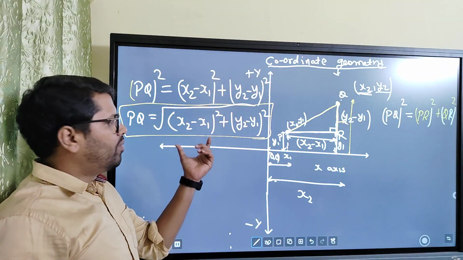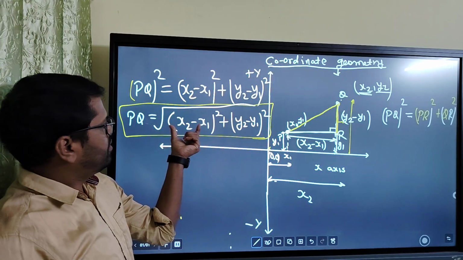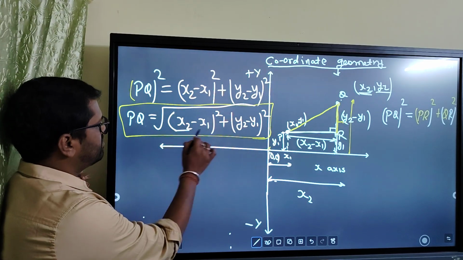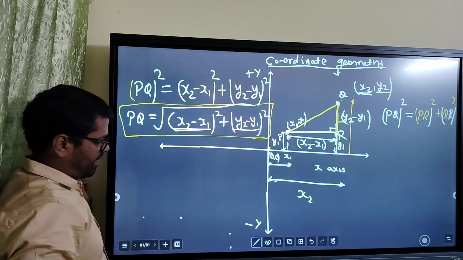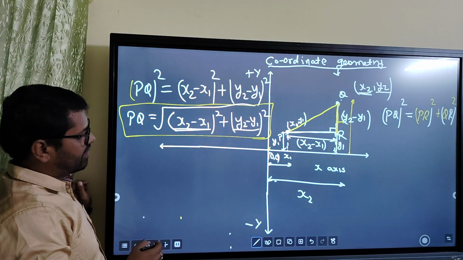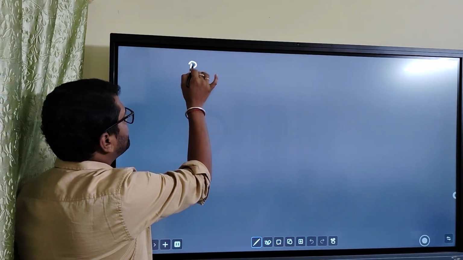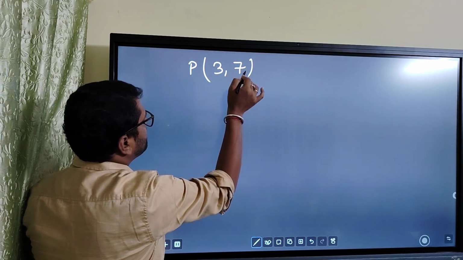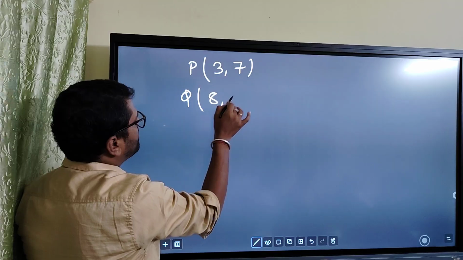If you see the formula, we just have to subtract the x-coordinates of the 2 points, and the y-coordinates, and square them. You can understand through an example. Suppose we have one point P that is 3, 7, and Q is 8, 9.